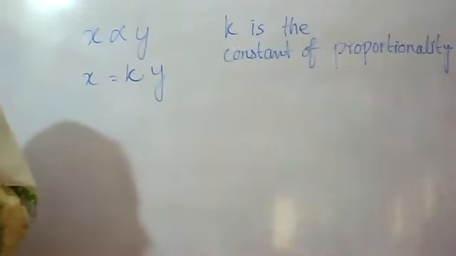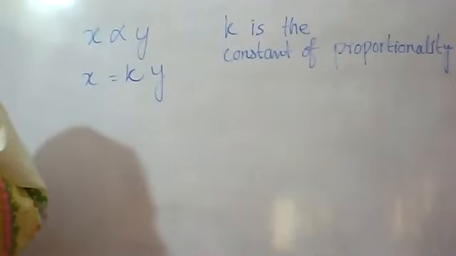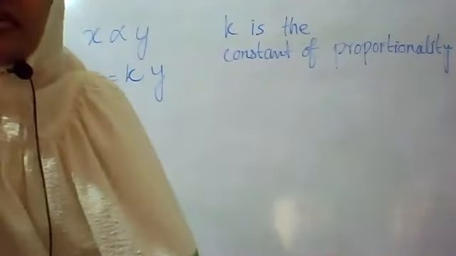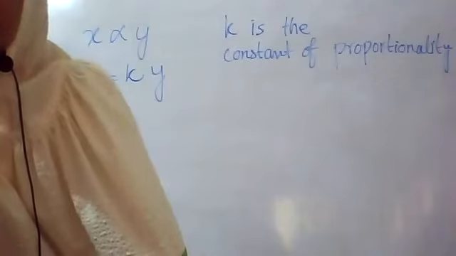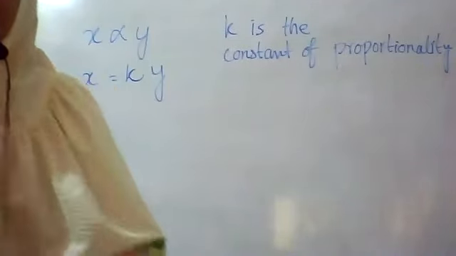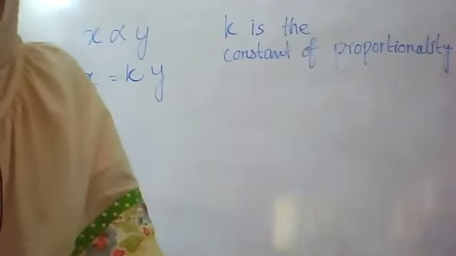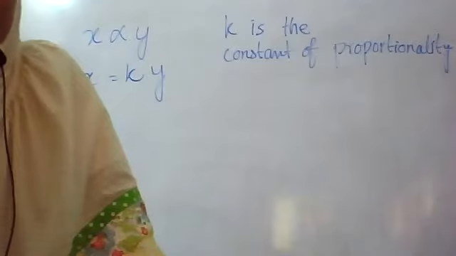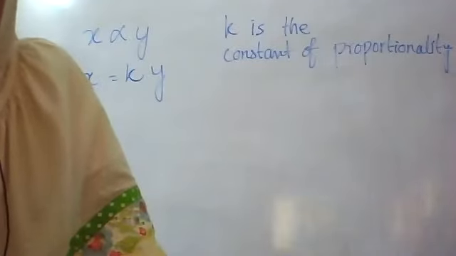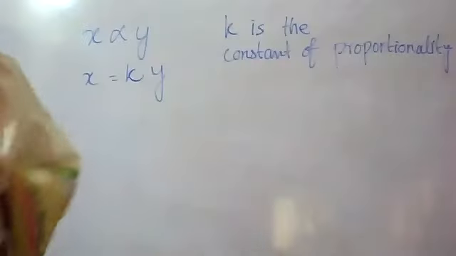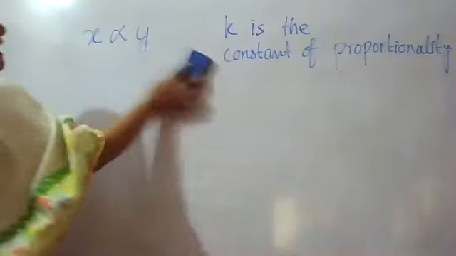Right now, you have three variables in your equation, X, Y, and K. If I have the value of any two of these variables, can I find the value of K if X and Y are given? Yes, miss.